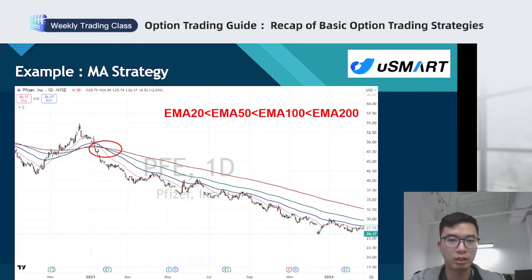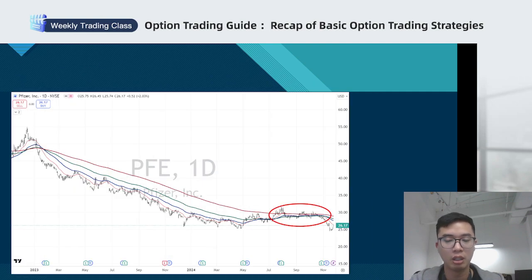So you can see this is the MA strategy. Pfizer keeps dropping. Then the MAs in the lower timeframes, like 20, 50, 100, try to switch up, but in the end MA 200 still acts as a resistance, and then it consolidates a bit and drops back.